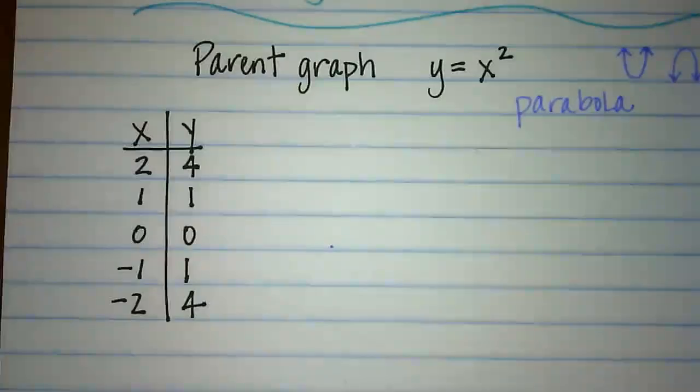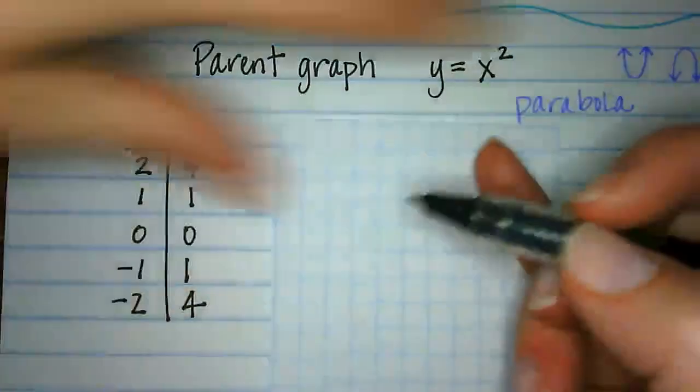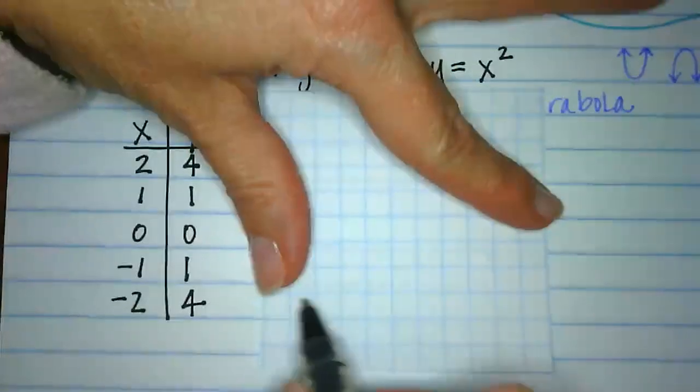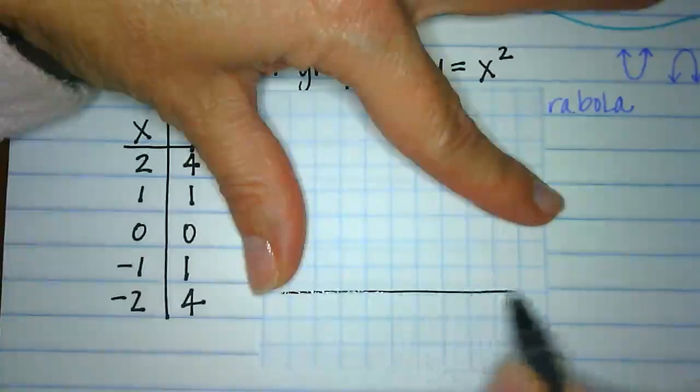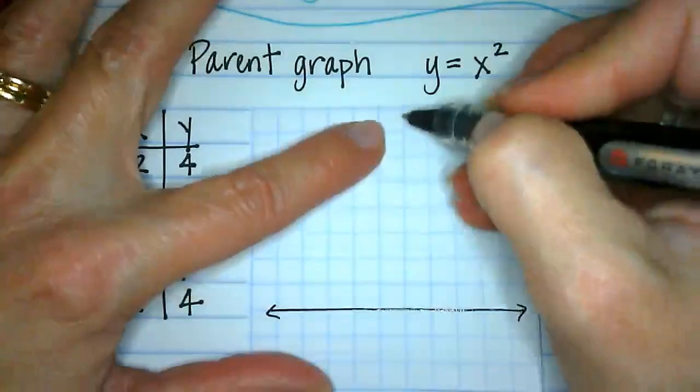So what I'm going to do is grab a little graph here, and I'm going to plot these points so that you can see what a standard parabola looks like. Let me make an x and a y axis here.